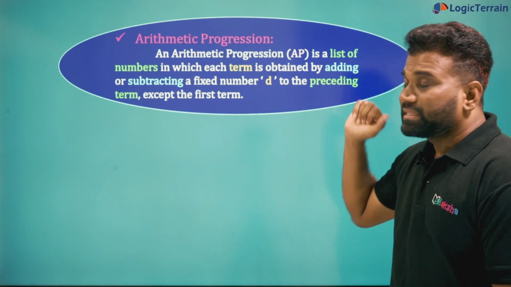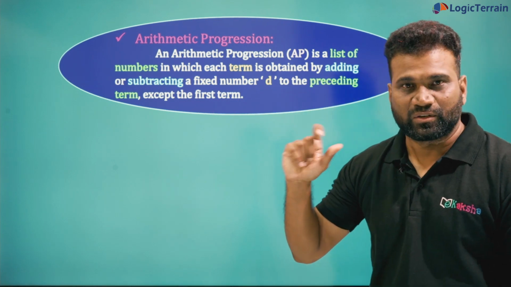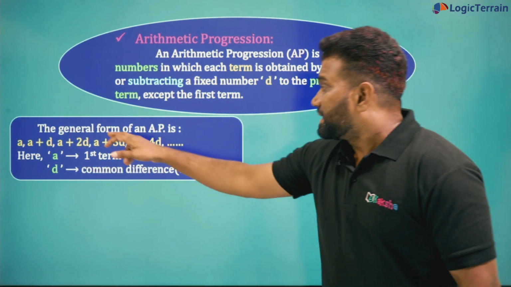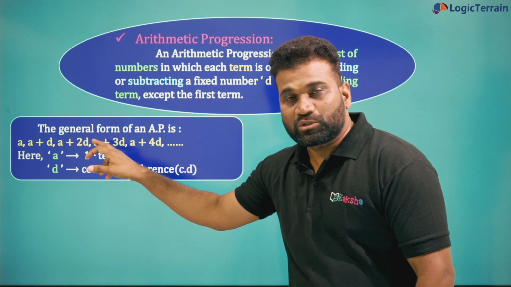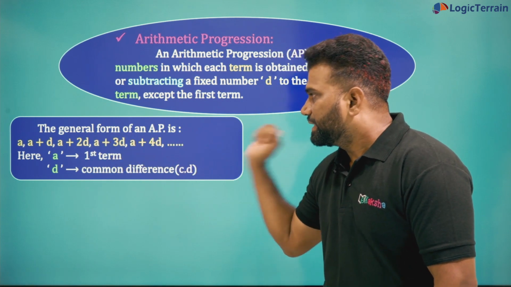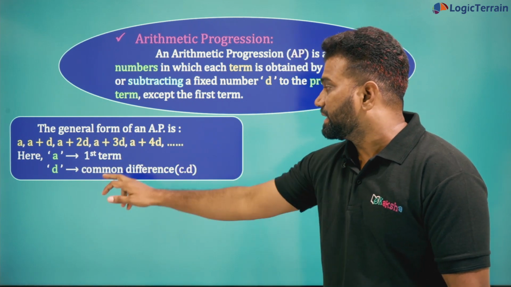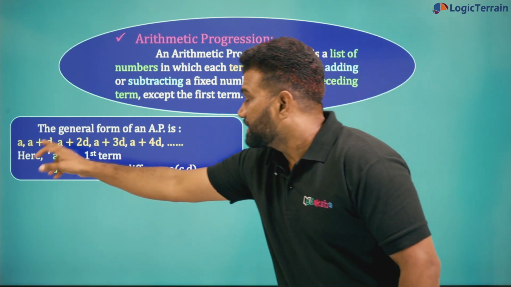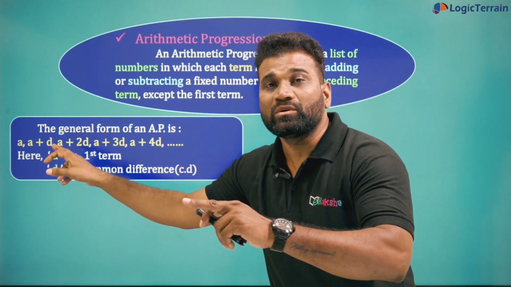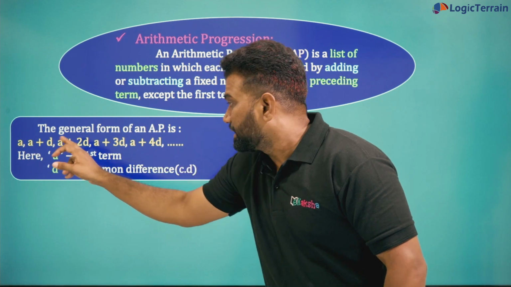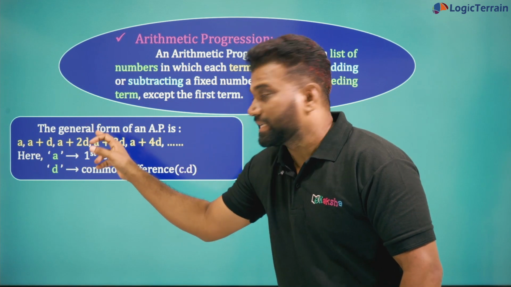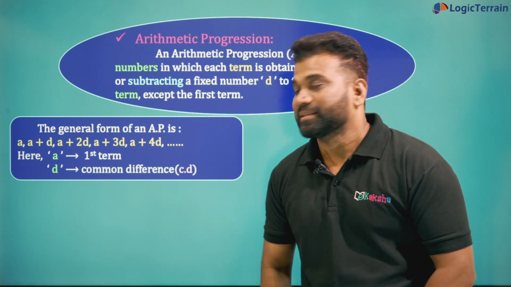Here the fixed number d is called the common difference, okay? The general form of an AP is a, a plus d, a plus 2d, a plus 3d, a plus 4d and so on. Here a is the first term and d is the common difference. You can see each term is obtained by adding d to its preceding term. Here d is added, we got a plus d, d is added, a plus 2d, d is added, a plus 3d and so on, right?